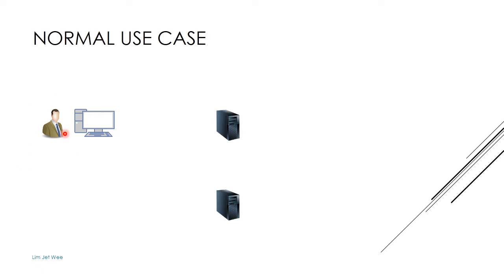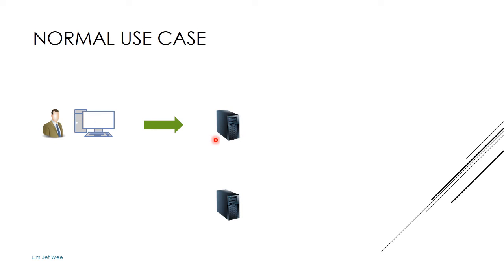So what I have here is just your normal user. A normal user uses the PC, launches the browser, and types in a URL, www something something something.com, for instance. Then this URL is transmitted to, let's assume, a secondary DNS server.